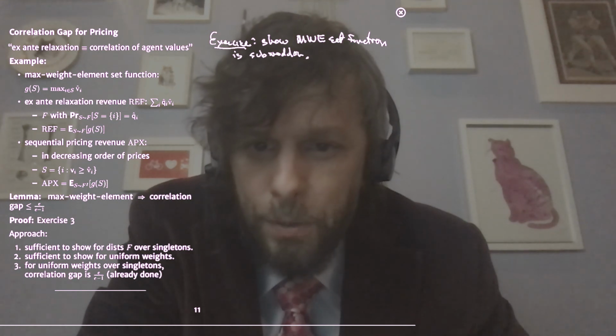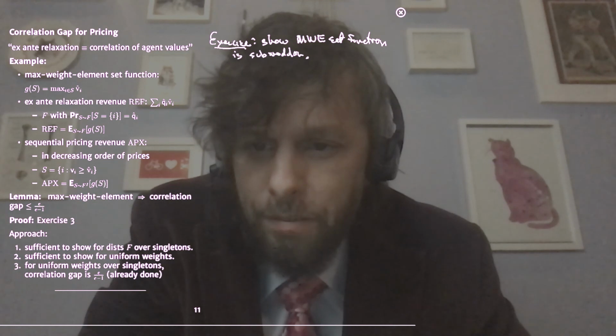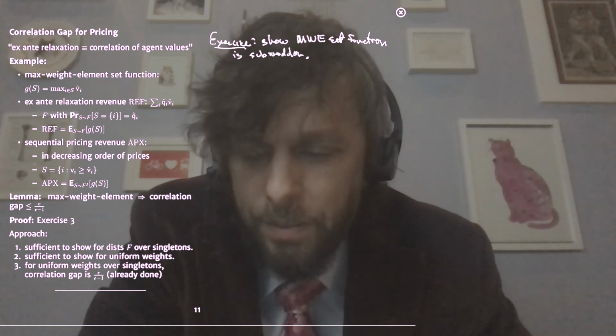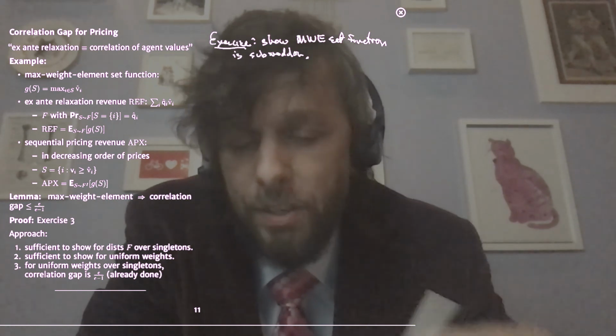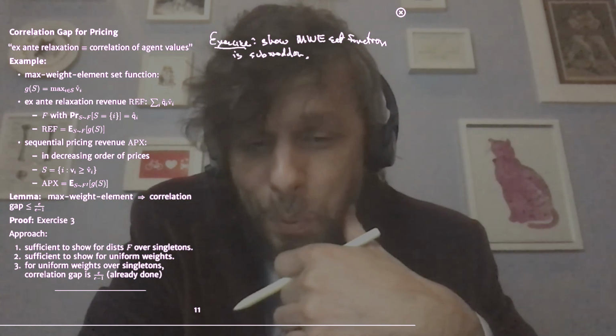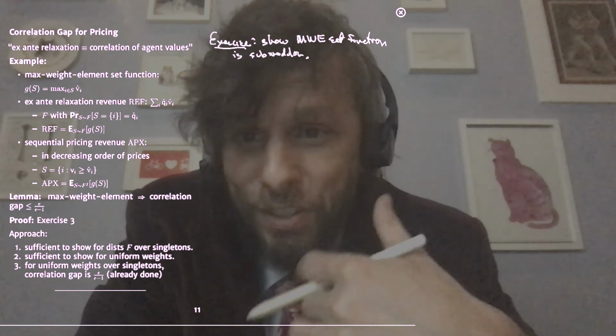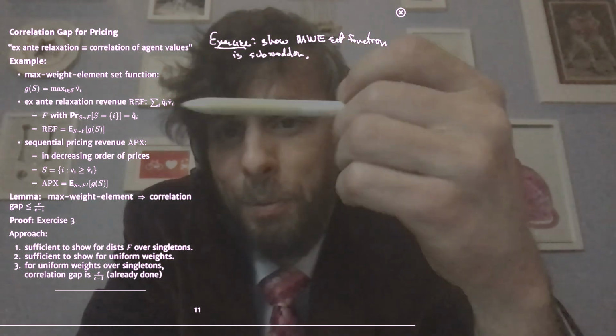The approach I recommend taking is the following. First, show that it's sufficient to argue this lemma when the distribution F is over singletons. Instead of looking at general correlated distributions, we're only going to look at correlated distributions over singleton sets, like the one we had here.